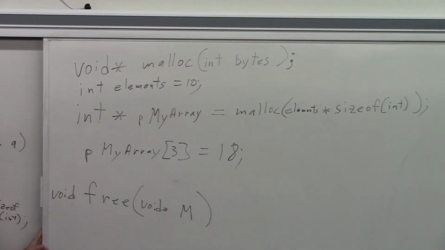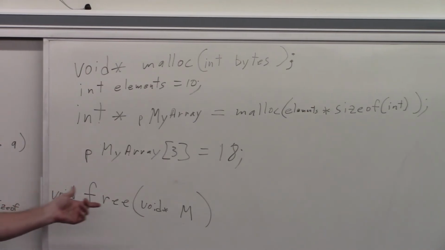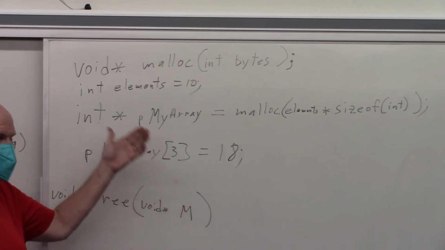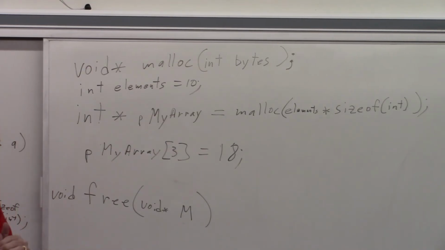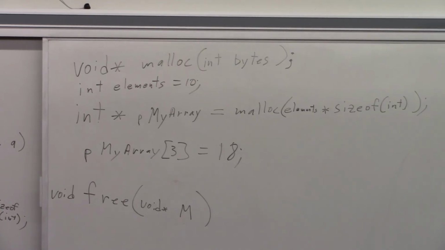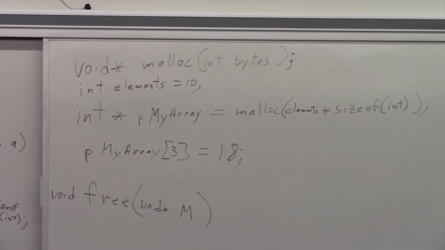I don't remember for certain if the result of free is void, which means no value, or if it's an int. I'm going to look it up later. But the real point about free is you pass it a pointer when you're done with the memory and you want to give it back to the system. I'm done, you can have it back to do whatever you need to do with it.